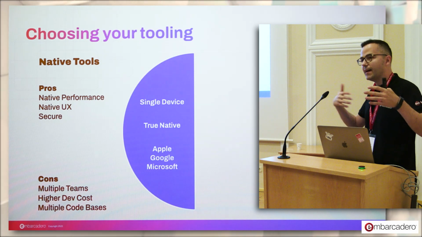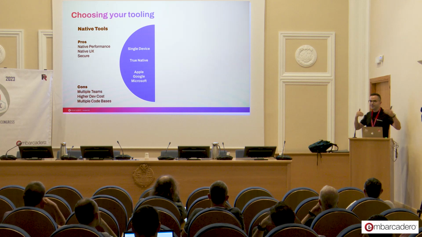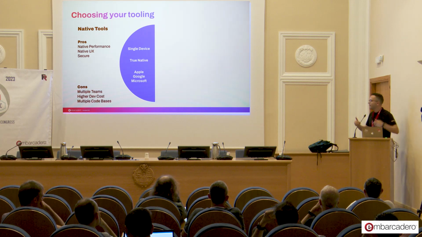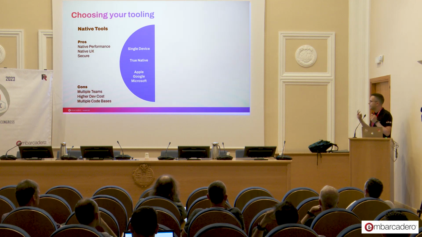And for the release, you're probably going to need to delay one release because the feature is not implemented in the other platform yet, which leads to a lot of problems. Obviously higher developer cost because you need two teams, and then you have multiple code bases with different testing, and it's quite resource hungry to use this approach.